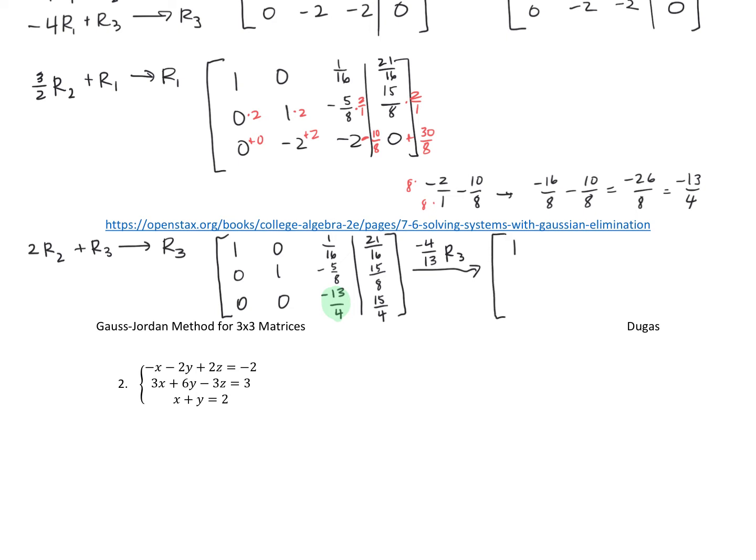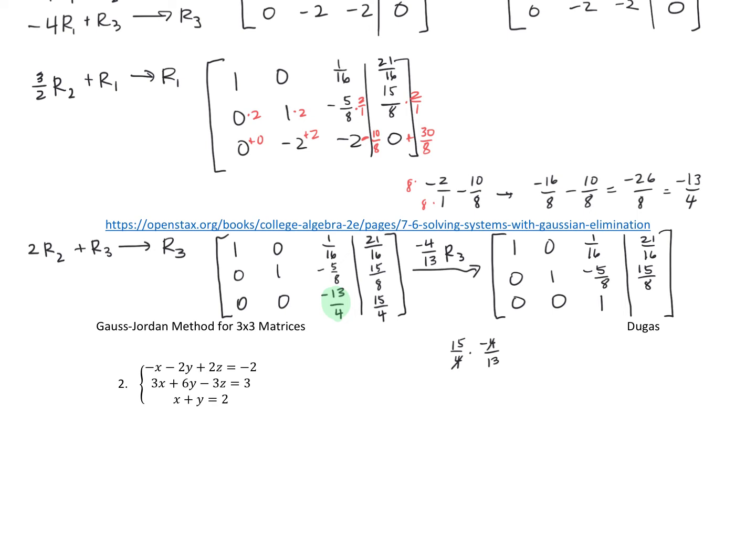So the first row does not change at this point. The second row does not change. And then the third row is going to change by a multiple of -4/13. So zeros don't change. That's going to be a 1. And then 15/4, so 15/4 times -4/13.